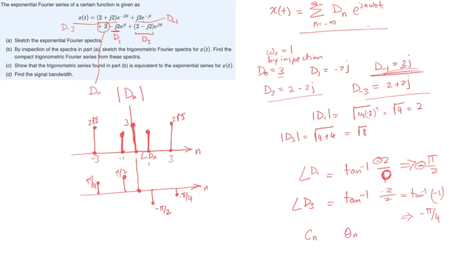And the representation is x of t equal to the summation from n equals 0 up to infinity, so it doesn't have a negative side, Cn cosine. Or, following the classical way, it's C0 plus the summation from n equals 1 up to infinity of Cn multiplied by cosine.